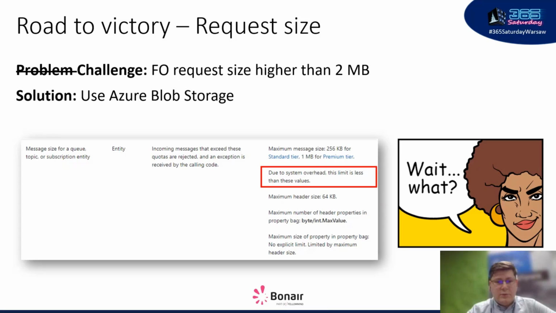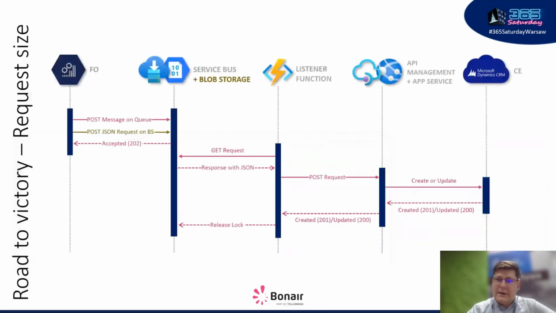What can we do? We can use Azure Blob Storage. So how does it look in real life? FO does just as earlier and puts a message on the queue, but the JSON file connected to this message is posted on blob storage.